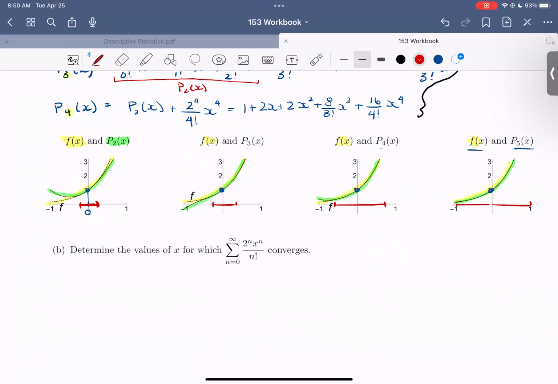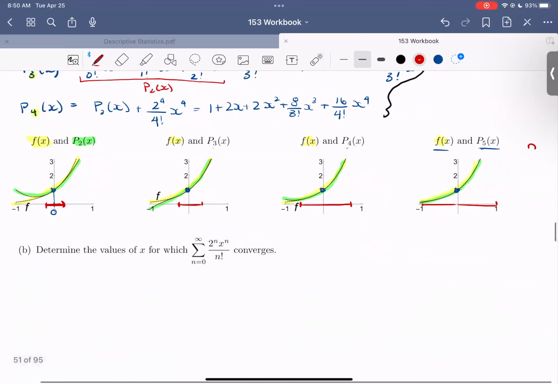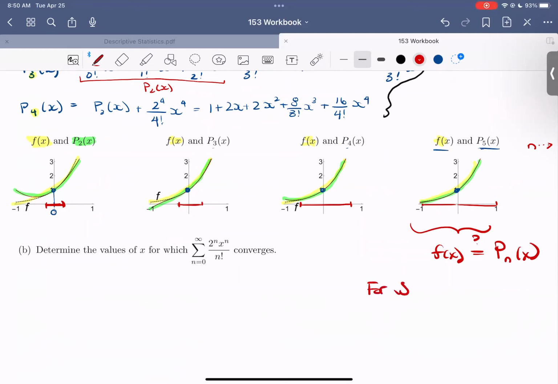So the question is, as n gets larger, as we look at higher degree Taylor polynomials, what happens to the interval on which the two align? So for which x and n does this happen? We're going to investigate this in part B.